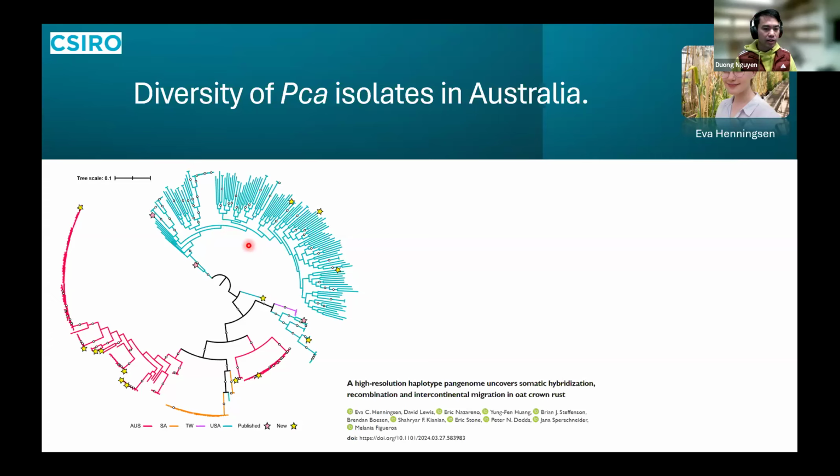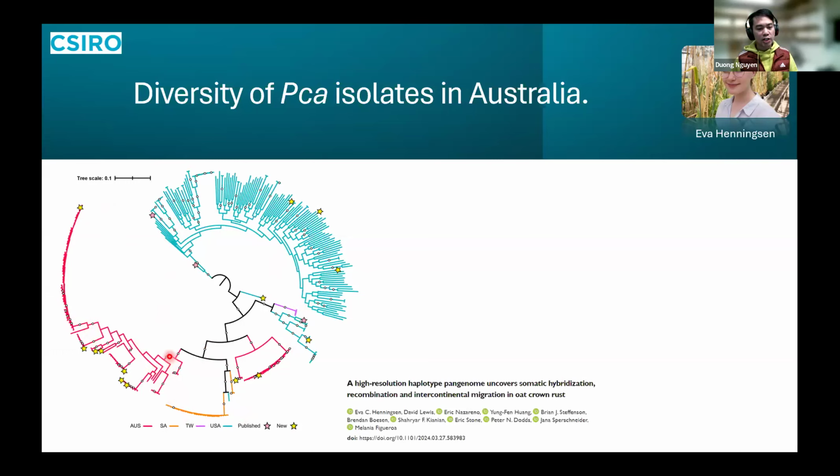They look very diverse, and it looks like there are multiple different lineages present in the USA. Compared to that, the PCA populations from South Africa and Taiwan look like they are mostly from clonal evolution. Part of the PCA population from Australia also seems to be clonal as well.